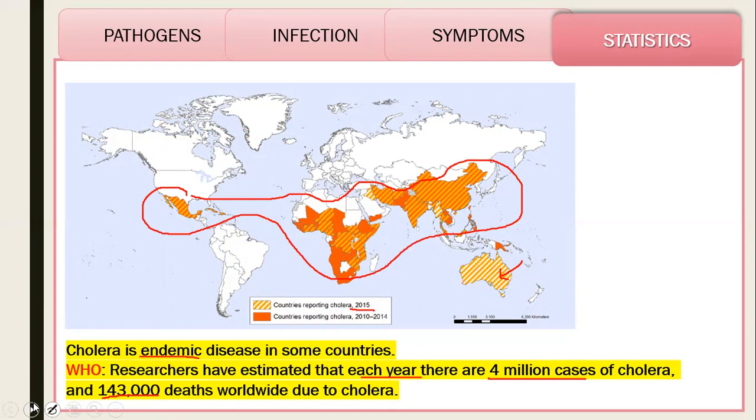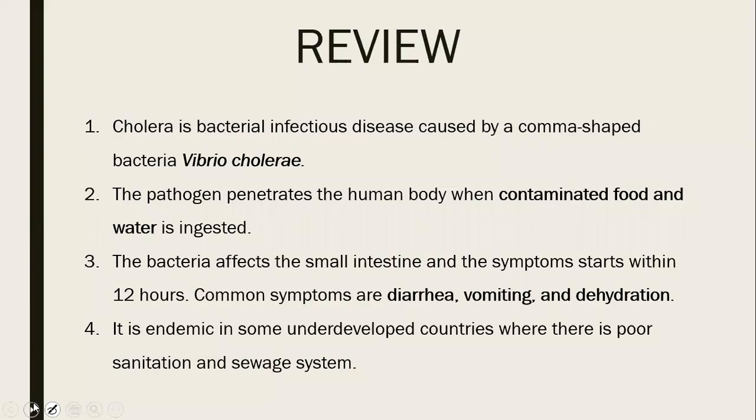So what we learned from this lesson is, first of all, that cholera is a bacterial infection. It's caused by a comma-shaped bacteria that is called Vibrio cholerae. This bacteria penetrates the human body when the human takes food and water which contains that pathogen. And when this pathogen enters the human body, it affects the small intestine.